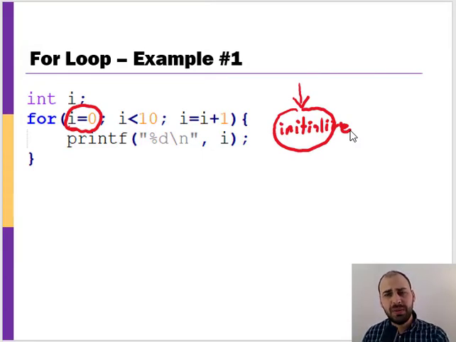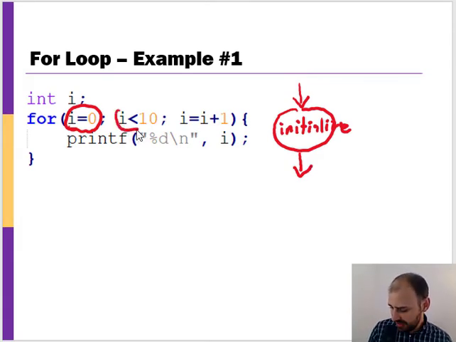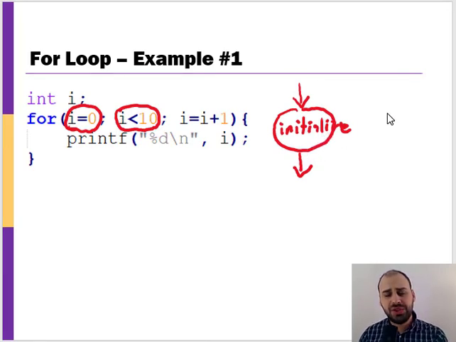That's the i equals 0. We're setting i equal to 0. The next thing that happens is we check the condition. This is a true or false statement. We're determining whether or not that condition is true or false.